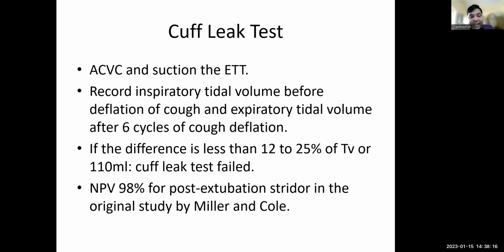So this has got a negative predictive value of 98% for post-extubation stridor, and the original study was done by Miller and Cole. However, it does not mean that if the cuff leak test has failed, then this patient will not pass the extubation trial. So this has got a negative predictive value.